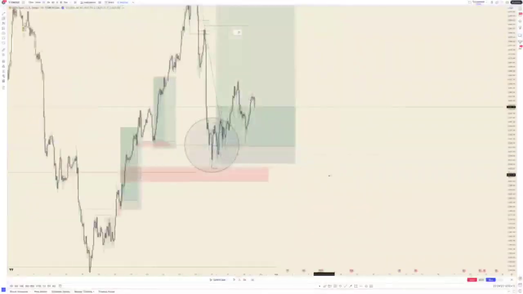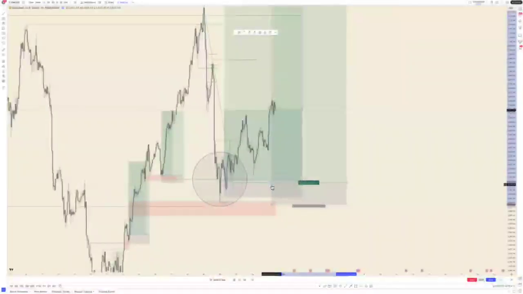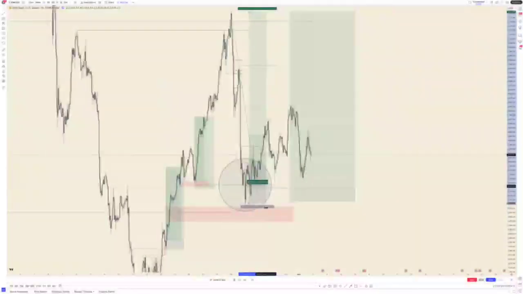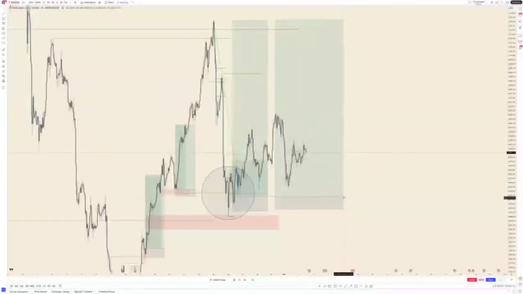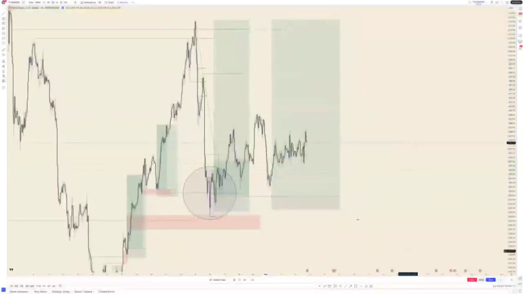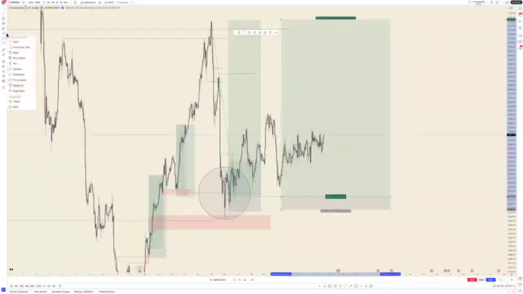Change to 1 hour. So from here now, I can see that they are consolidating in this manner.